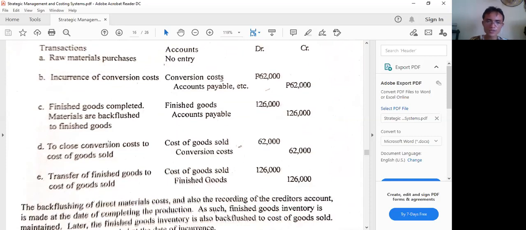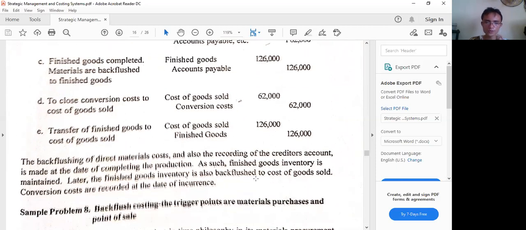Then to close conversion cost to cost of goods sold, we just transfer the conversion cost: debit cost of goods sold, credit conversion cost. Then finished goods to cost of goods sold also. So basically, it's the same overall. It's just a matter of differences in journal entries.